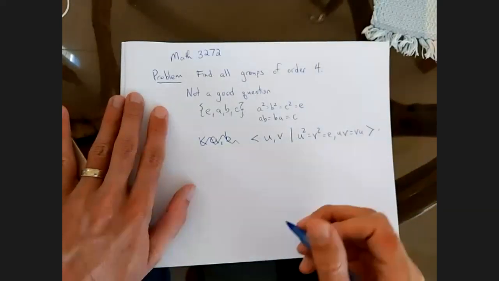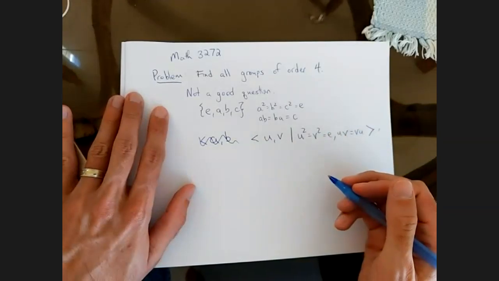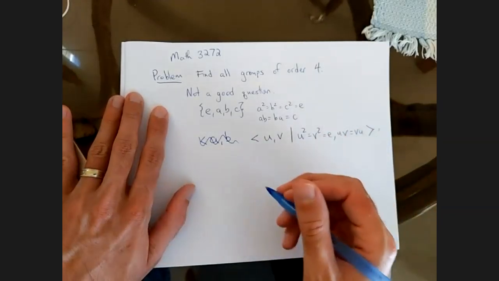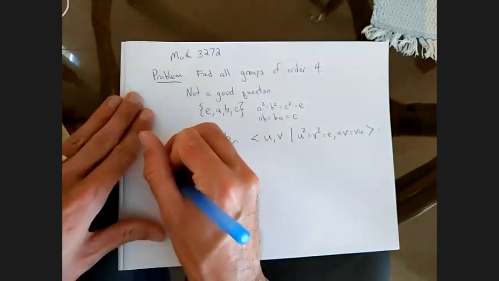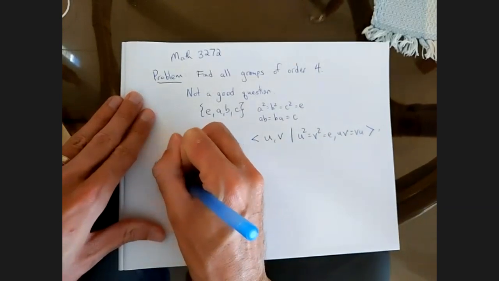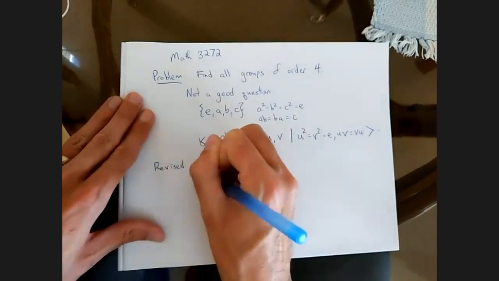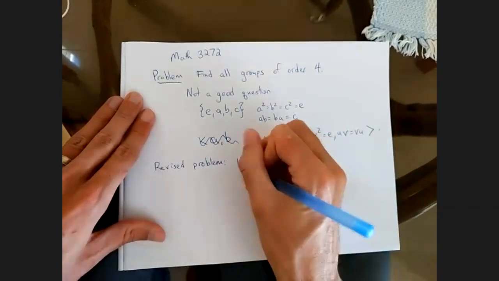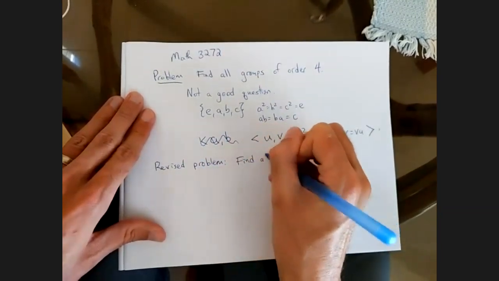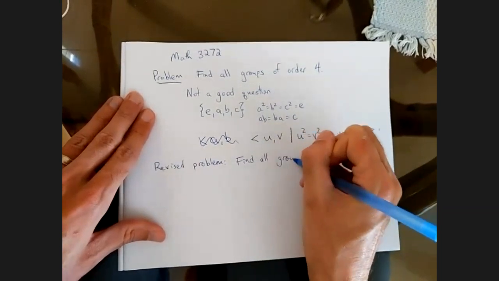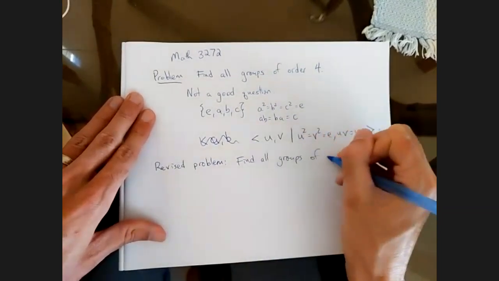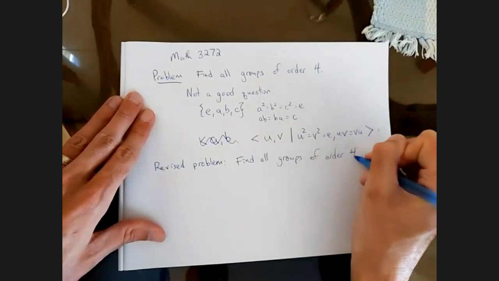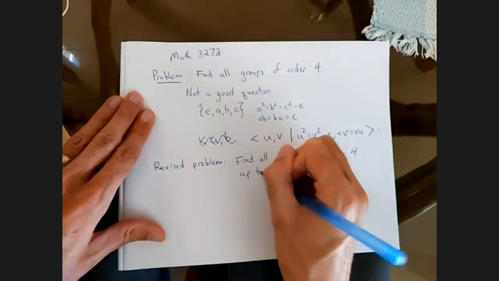So a good way to revise the problem: find all groups of order 4 up to isomorphism.